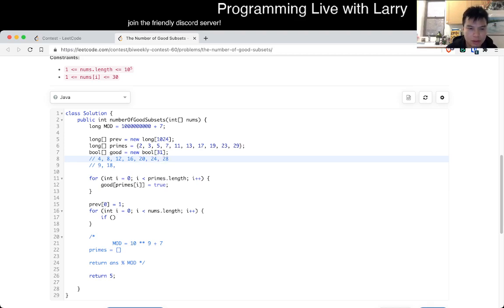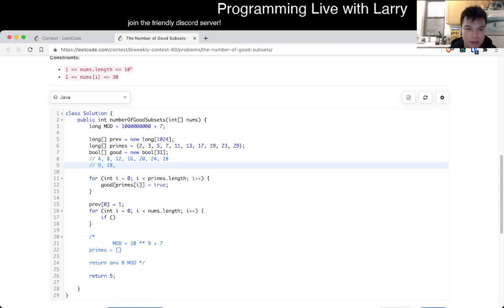So those are all no good. So I want something that basically means that it is only because a 6 could be good, for example, because it's just 2 times 3.